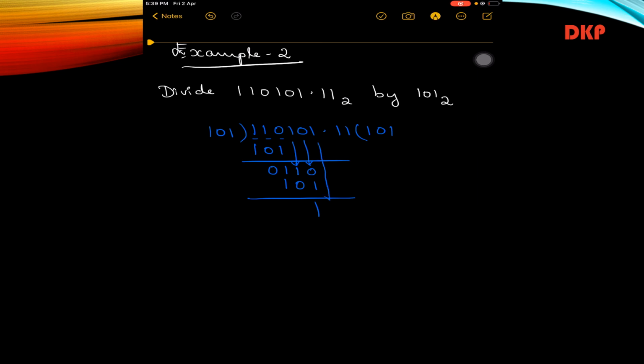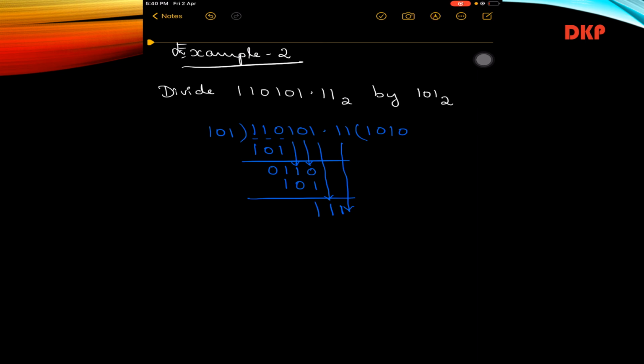Write the next bit along with this 11. 11 is the remainder now. 101 does not go with this 11. So put a 0. Write the next bit also along with this, that is 111.